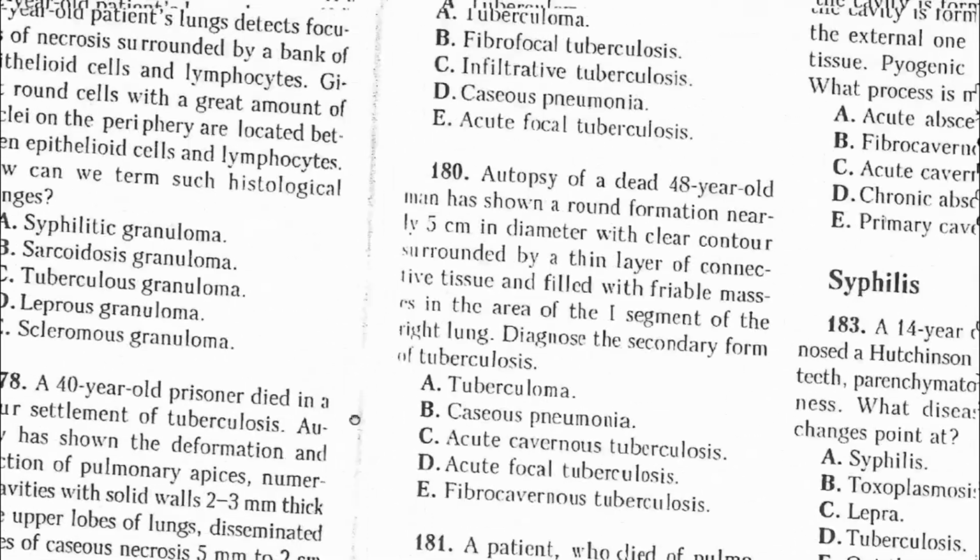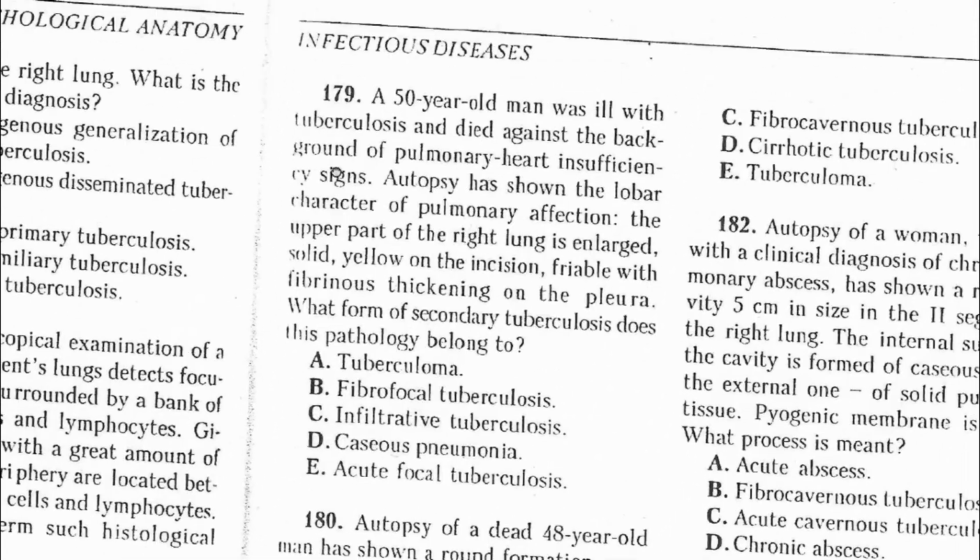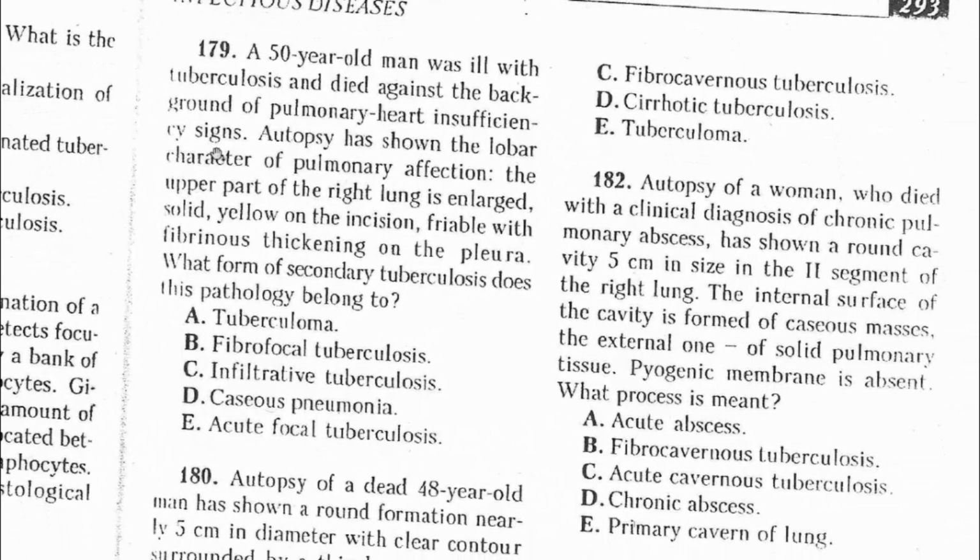79. A 50-year-old man was ill with tuberculosis and died against the background of pulmonary heart insufficiency. Autopsy has shown the lobar character of pulmonary affection. The upper part is enlarged, yellow on incision, friable with fibrinoid thickening on the pleura.